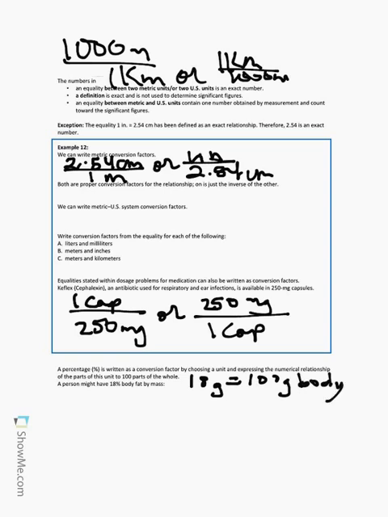Or you could say 18 kilograms for every 100 kilograms of body mass. You could also say 18 pounds of fat for every 100 pounds of body weight. Again, you choose the unit and then you express that amount as 100 parts of the whole.